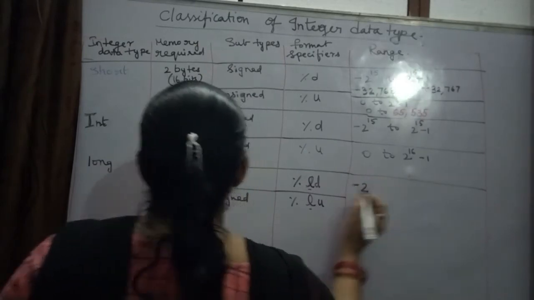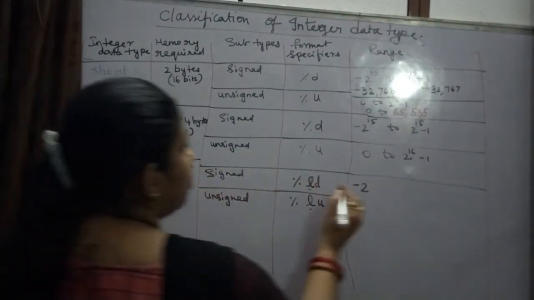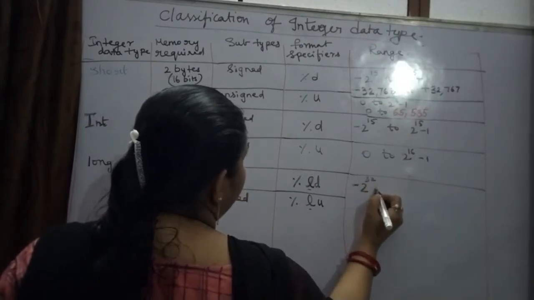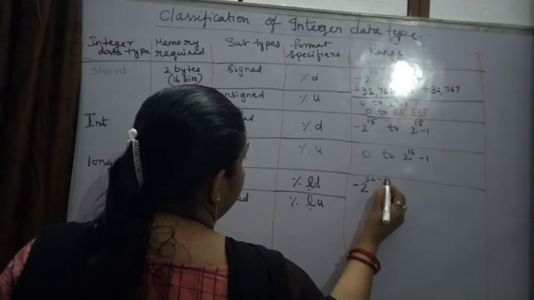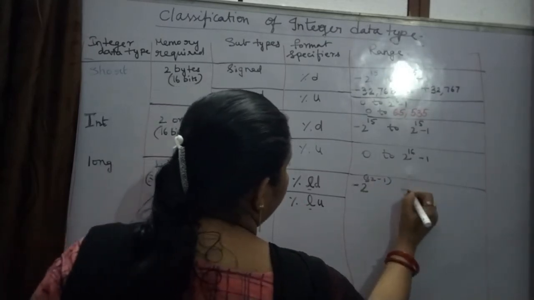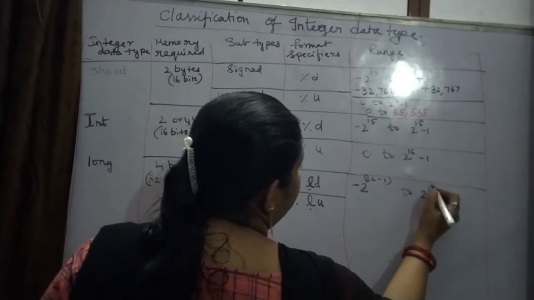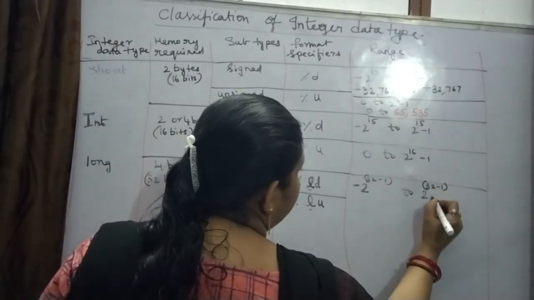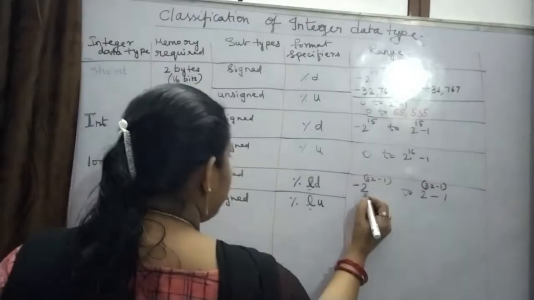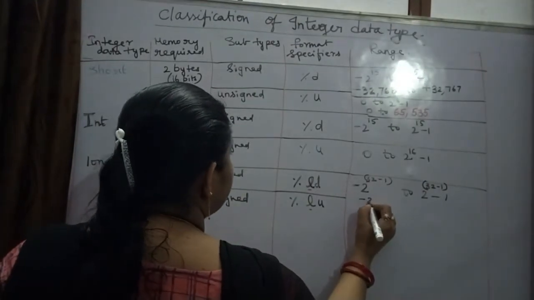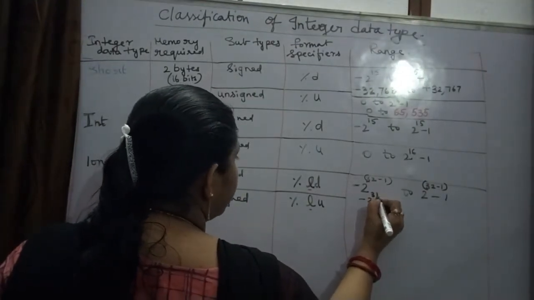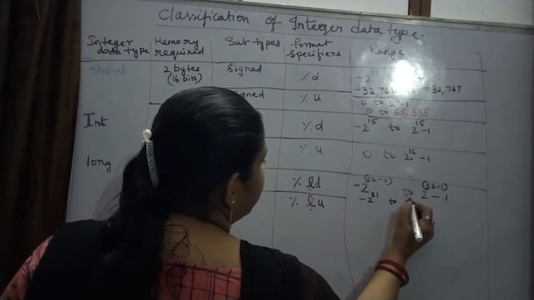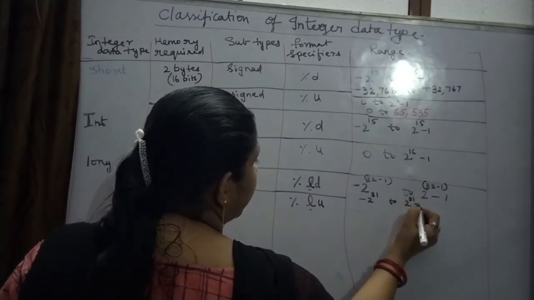The number of bits is 32. So it becomes minus 2 to the power of 32 minus 1, to 2 to the power of 32 minus 1 minus 1. So this comes around minus 2 to the power of 31 to 2 to the power of 31 minus 1.